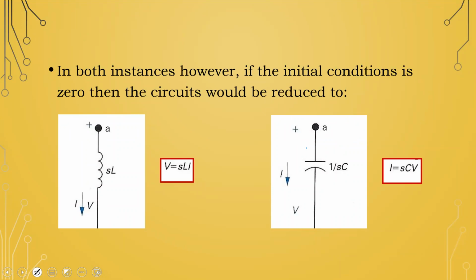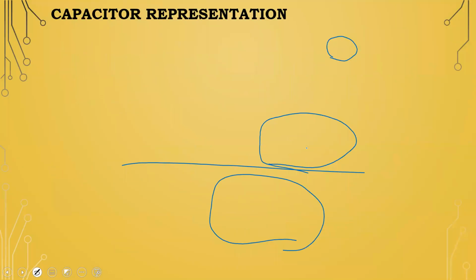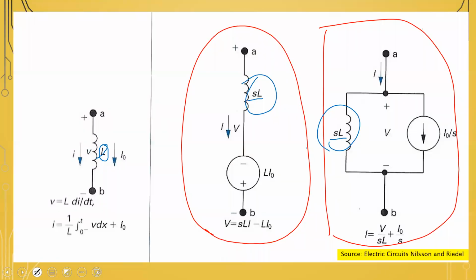Now, based on what we have in these two figures, if the initial current for your inductor is 0, then this will be 0, and we're left with SL.